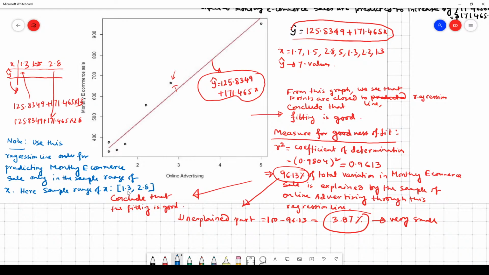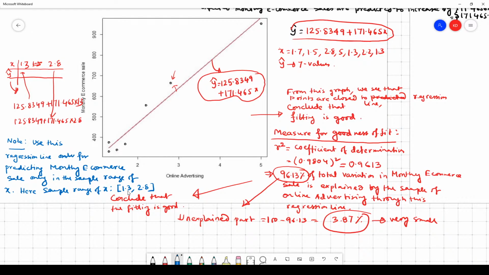So for any value of X between 1.3 and 2.8, you can predict the monthly e-commerce value. Otherwise, this regression equation or line may not give a good prediction. Why?